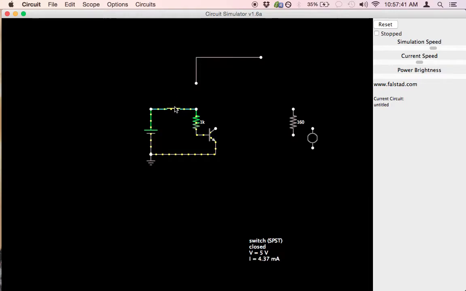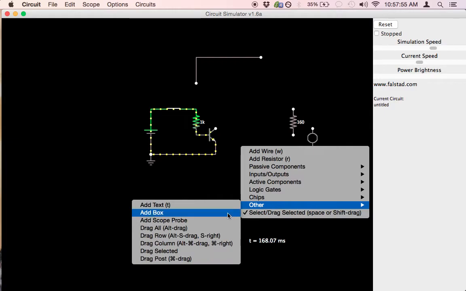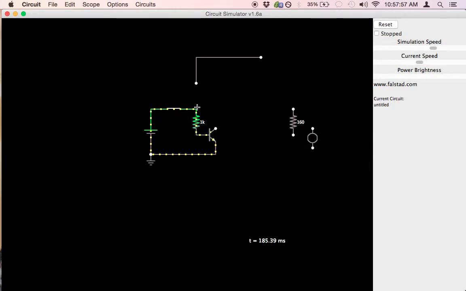When we close the switch, small current flows through our base, out of the emitter, just like we saw the first time. And the positive voltage coming into the base could be considered a logic high signal. What I'm going to do is put a scope probe so we can see the voltage right here.